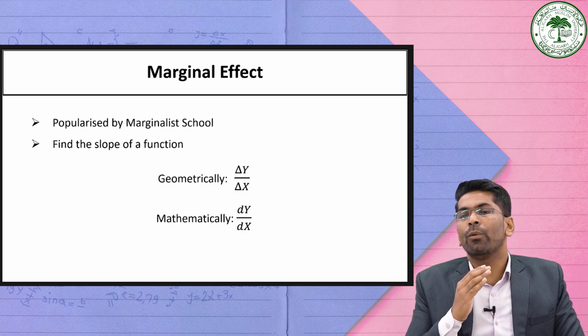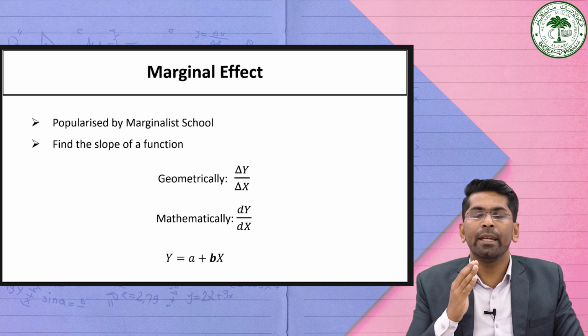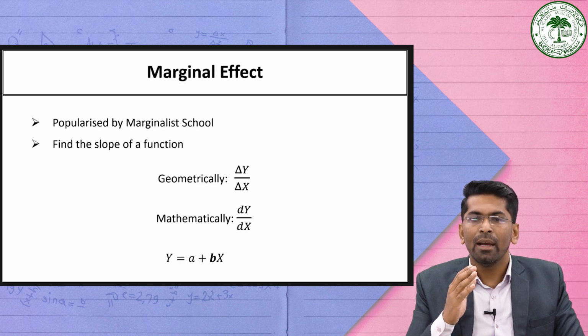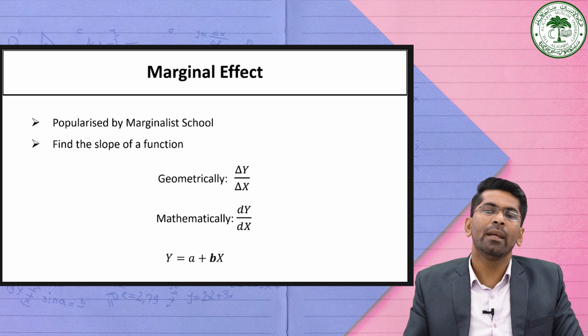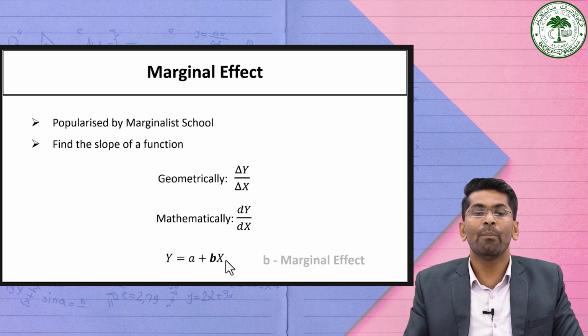In the linear equation, we have discussed the form, generally y is equal to a plus bx, where the symbols have meaning. Earlier we said b is the slope coefficient. When it comes to the marginal school of thought in economics, b has a different meaning, that is, it is known as the marginal effect.